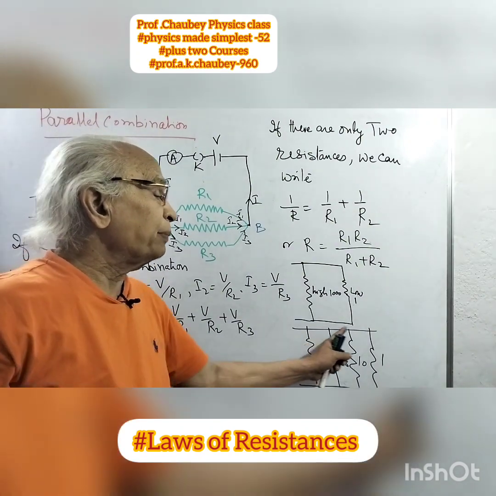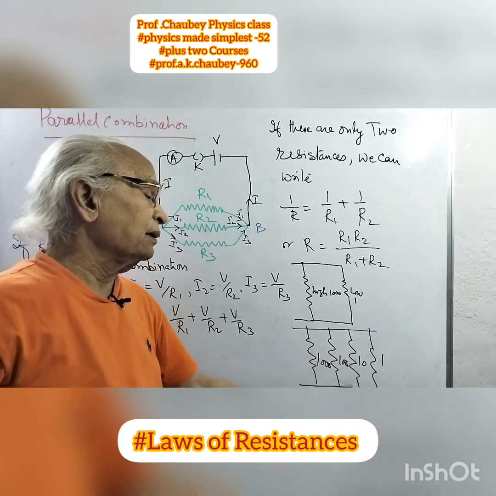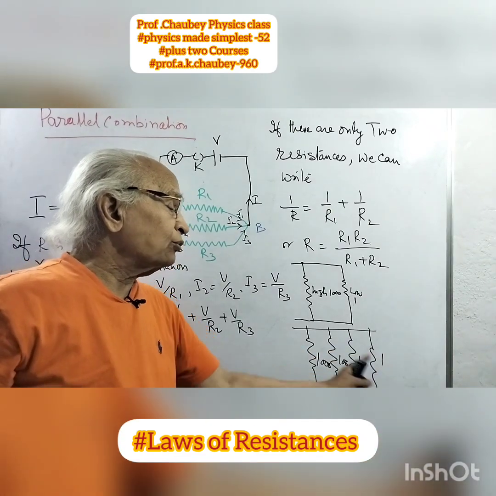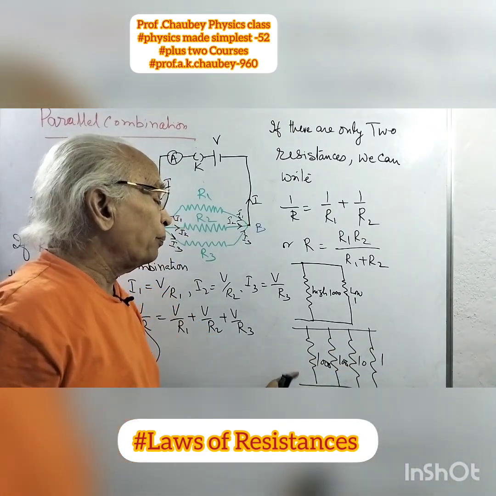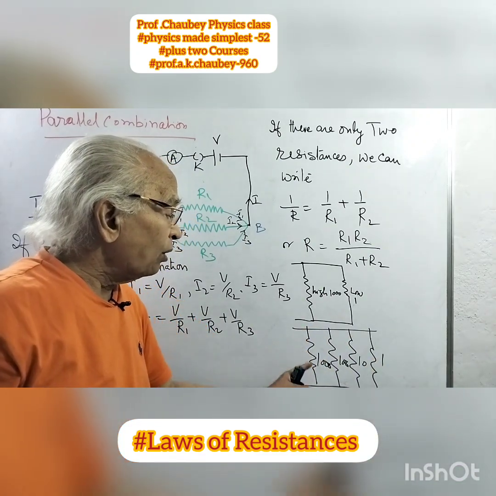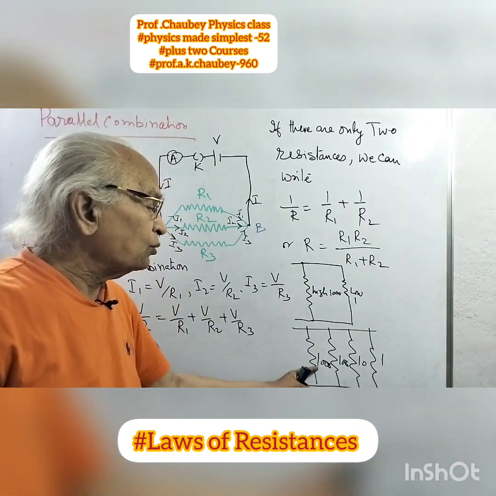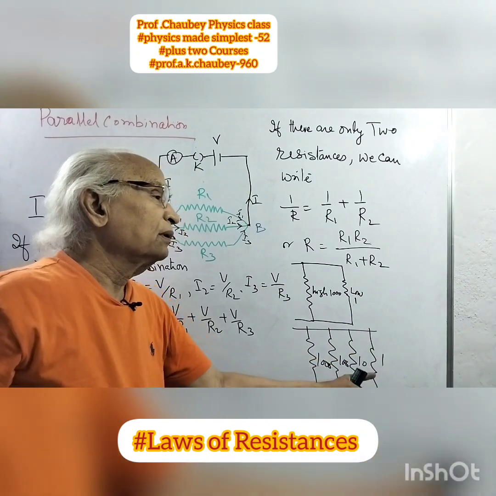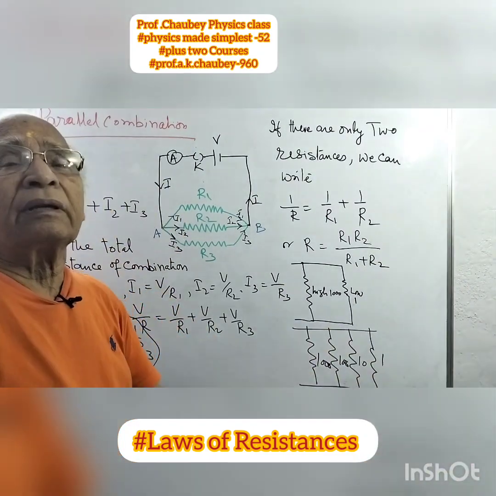The major current passes through this and less current through the others. So the equivalent resistance of the parallel circuit will be even less than this, because the minimum current will pass through the high resistances and the maximum will go through this. So this is nearly the equivalent resistance.